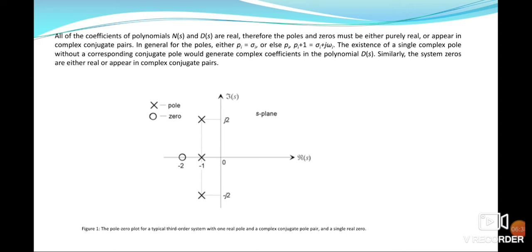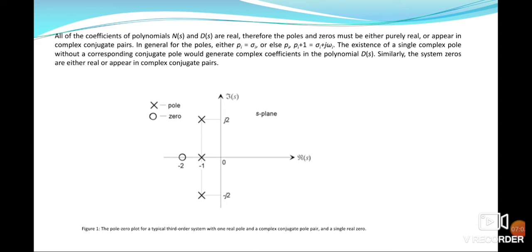The x-axis, that is the sigma axis, is basically representing the real axis, and the y-axis is representing the imaginary axis. Now we will consider this graph as the S-plane for plotting poles and zeros.